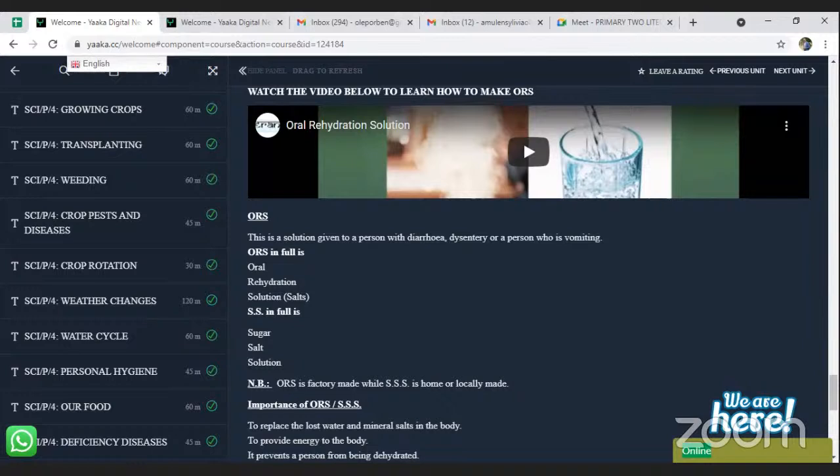But here we are seeing only 2S, which is not right. It's supposed to be 3S, so that it can give us a sugar salt solution. Continue. NB. ORS is factory made, while SSS is home or locally made.